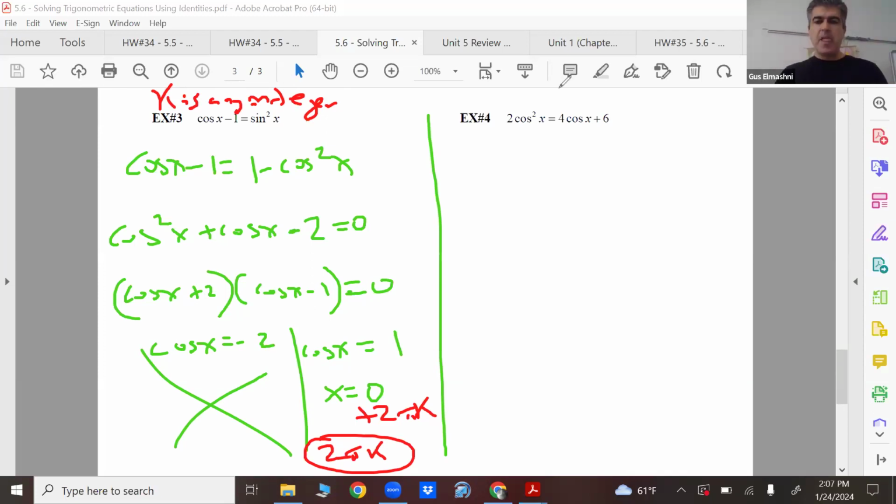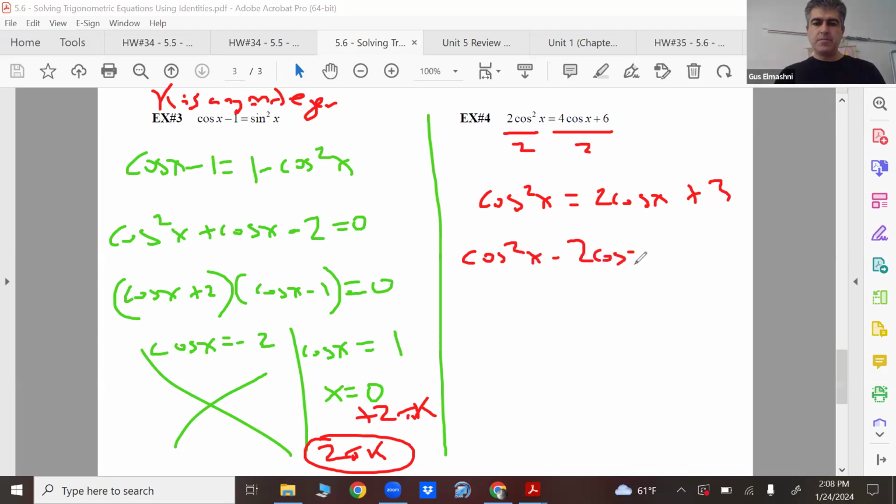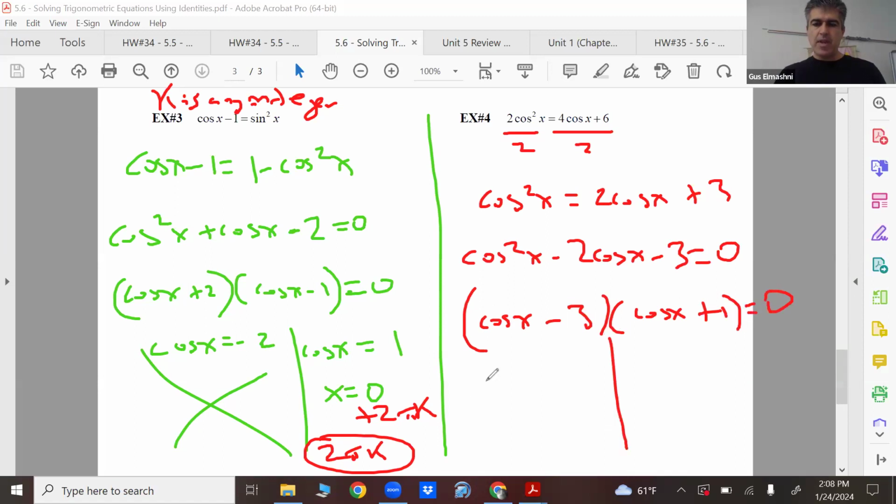Let's do one more. I would actually divide everything by 2 first to make your life a little easier. Factor, right? Easy peasy. So cosine x equals 3.